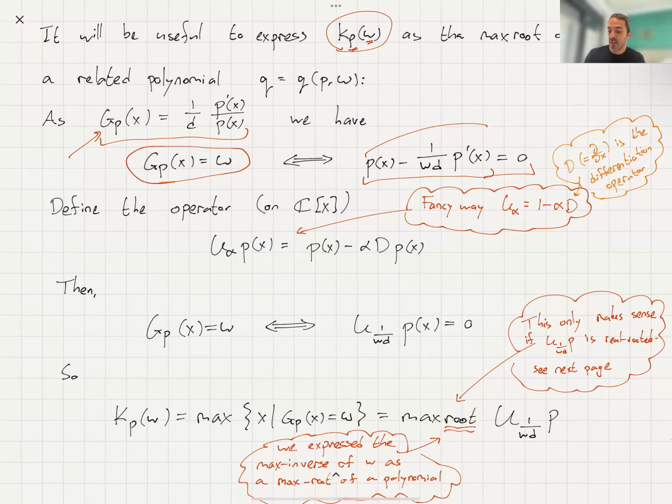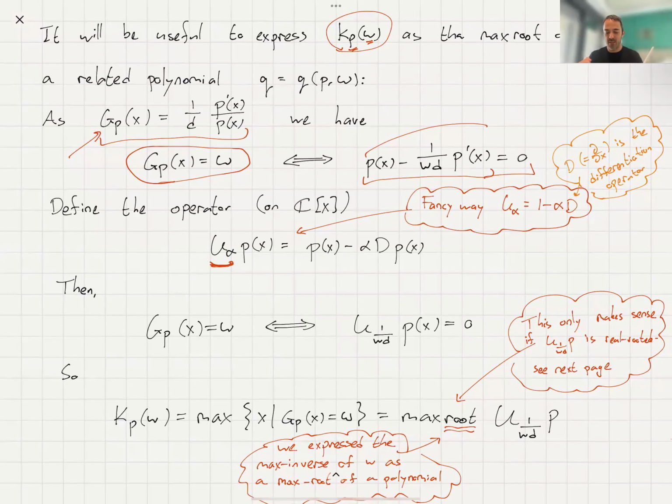A more fancy way of saying that, because we are going to use it a lot, is that we can define this operator on polynomials. We are going to use it only on real-rooted polynomials, but generally on polynomials. So this operator U sub alpha takes a polynomial, and what it spits out is the polynomial minus alpha times the derivative of that polynomial with respect to X. It's only going to be univariate all the way. So capital D is also an operator. It's a linear operator, a differentiation operator with respect to X.